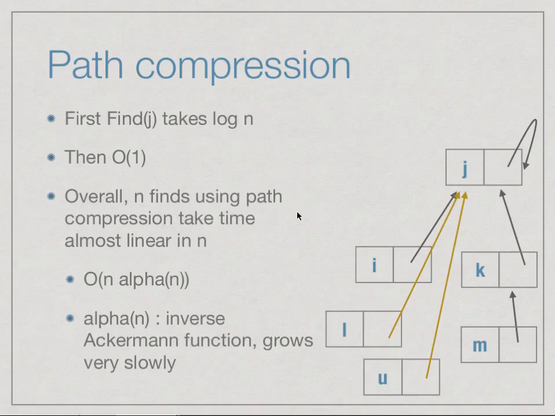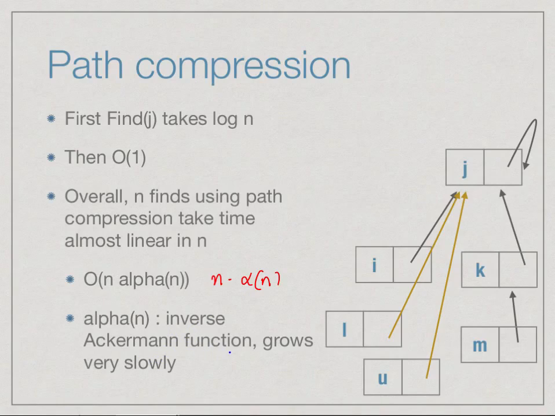But you can show, just like we did an amortized analysis for the earlier array based implementation to get an overall m log m cost for m union operations, that a total of n finds will take something almost linear in n. Almost linear in n is actually n times a function called alpha of n, and alpha of n is the inverse of the Ackermann function.